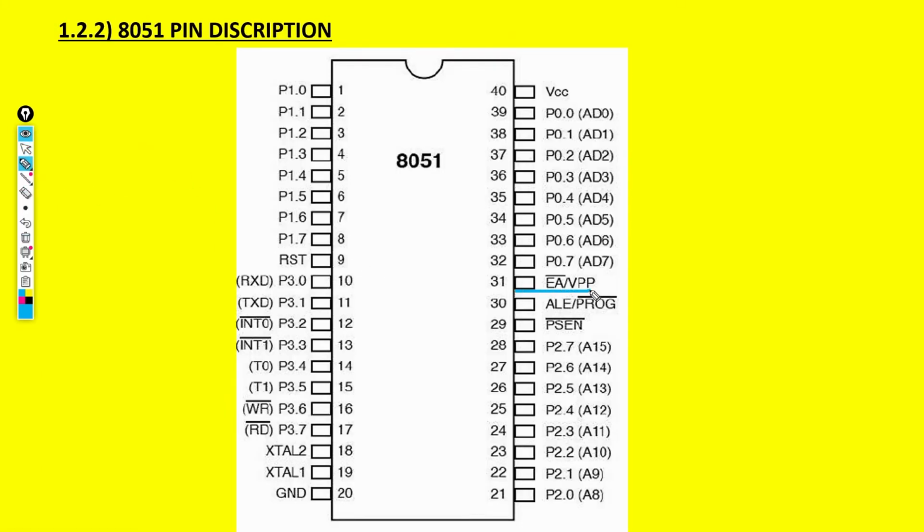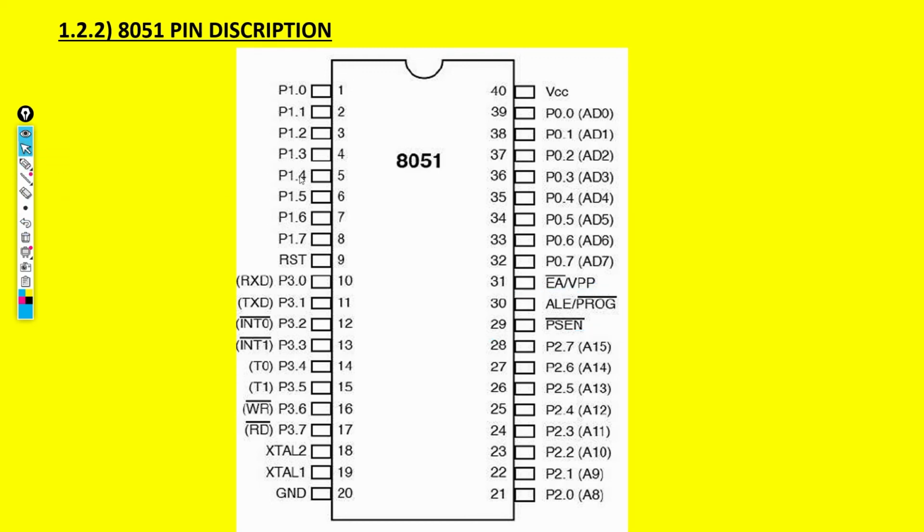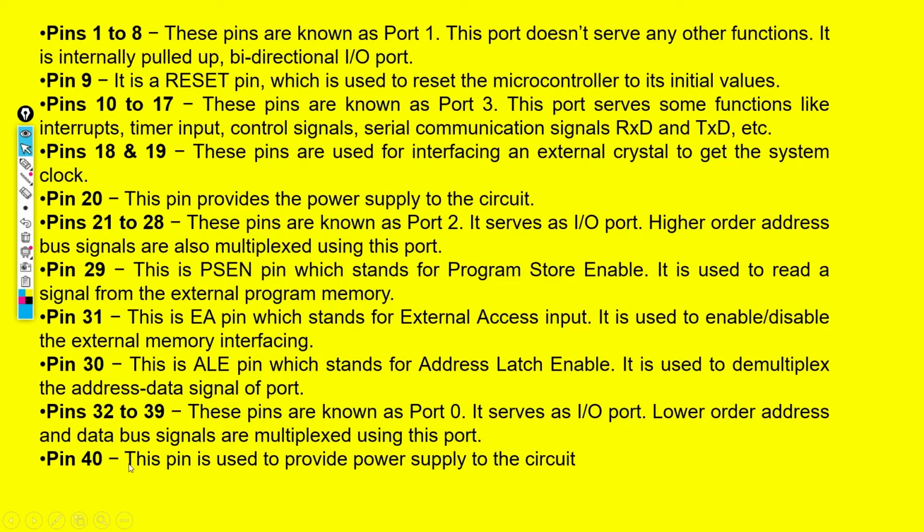The EA pin was external access enable, enabling or disabling the external memory, and this pin is used to read the external memory. When the external memory is enabled, the 29th pin is used to read that external memory. What is left is the 40th pin, which is used for ground, and I've told you all the others.